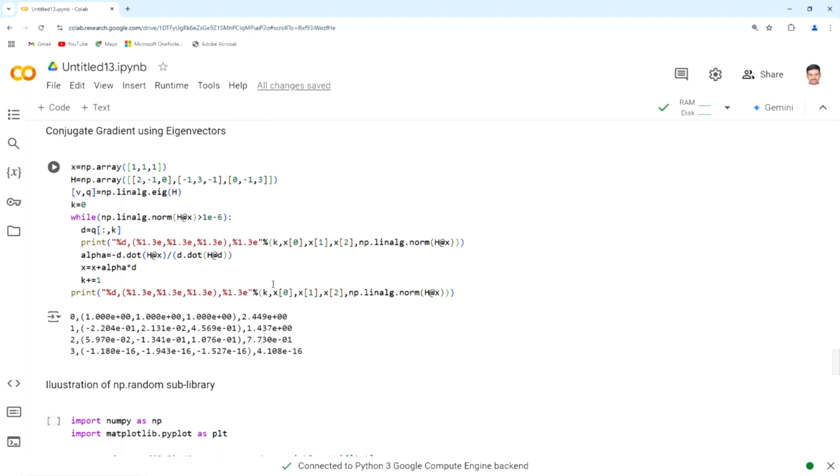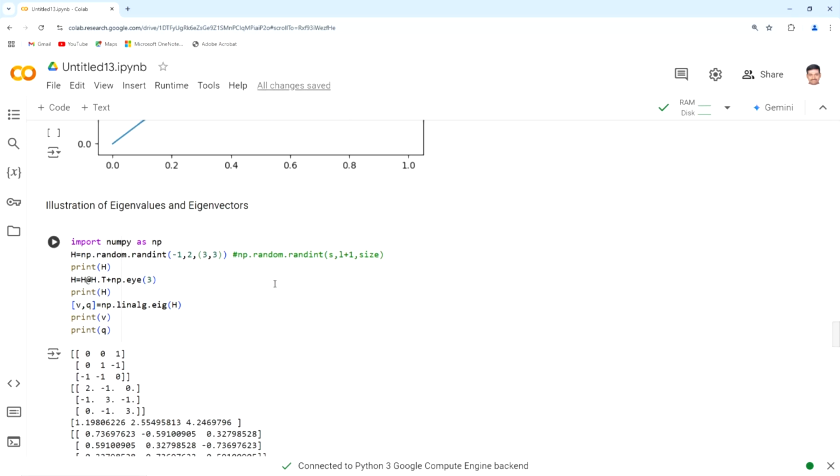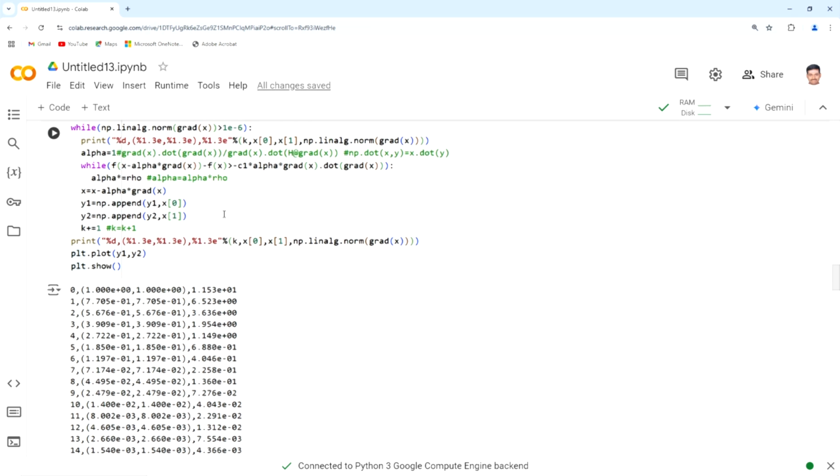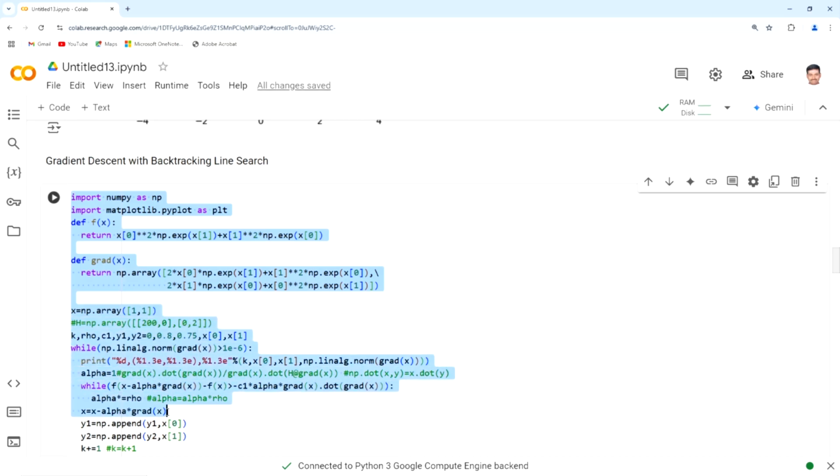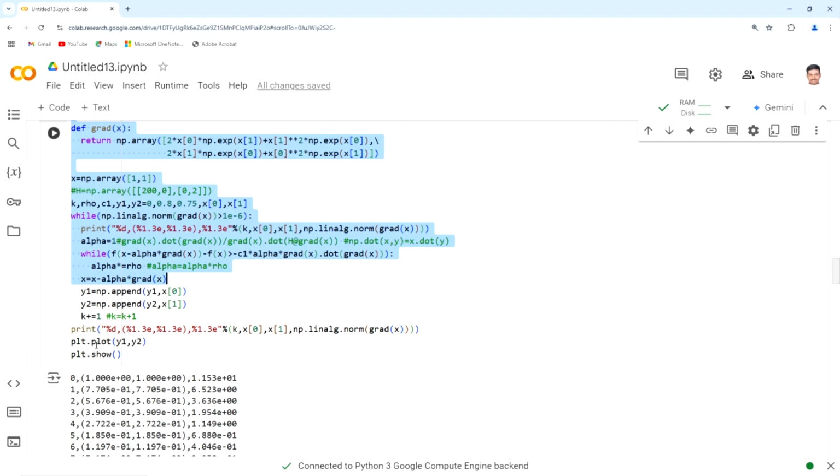So, we will go to the place where we worked with gradient descent with backtracking line search, where we defined f of x and grad of x, if you could recall, right. So, we will use the same code. I am not going to plot it, so I am leaving this part as such.